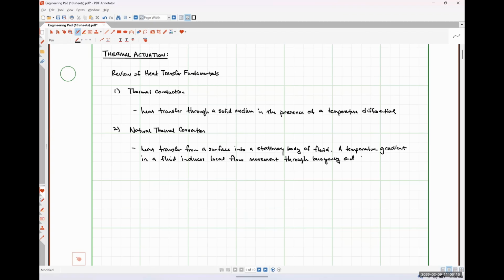And the fluid movement facilitates the heat transfer.